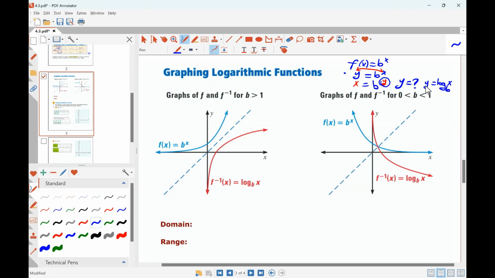So that's the inverse function. You write the inverse function as f superscript -1, f inverse of x equals log base b of x. So that's the inverse of f of x equals b to the x.